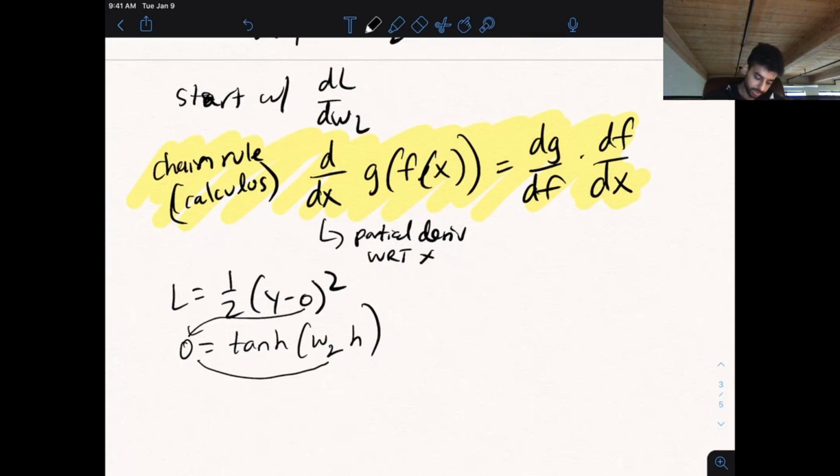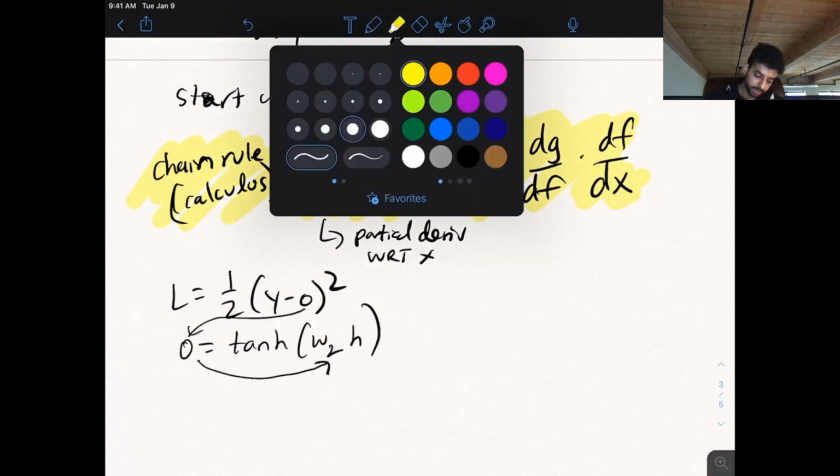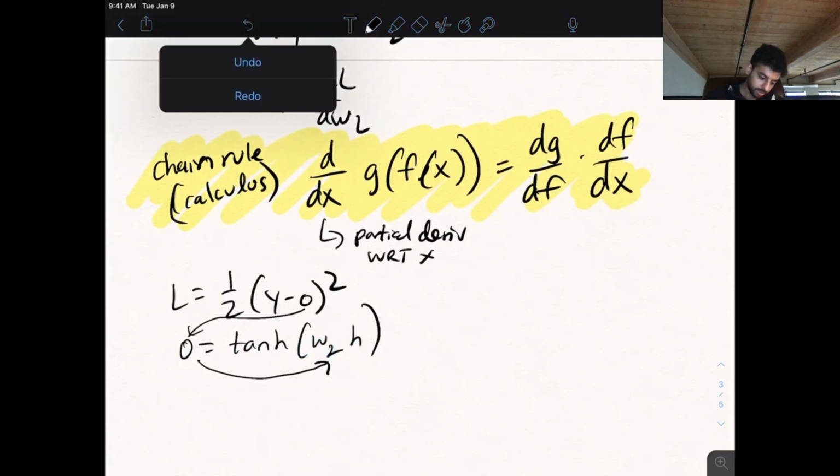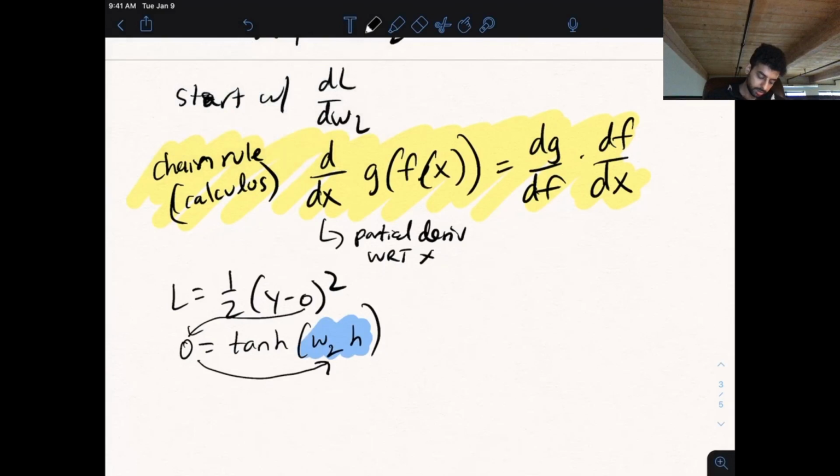So the first thing we're going to do is define an intermediate variable, which will make applying the chain rule a little more intuitive. As you can see, I'm still not super confident with this interface. Let's say A equals W2H, where A is an intermediate variable.